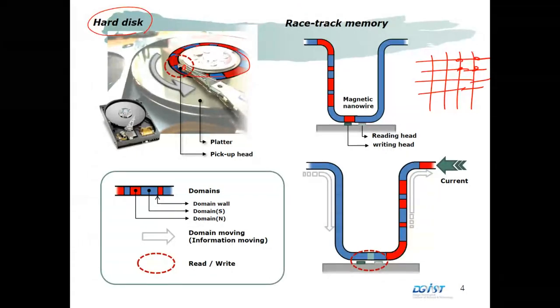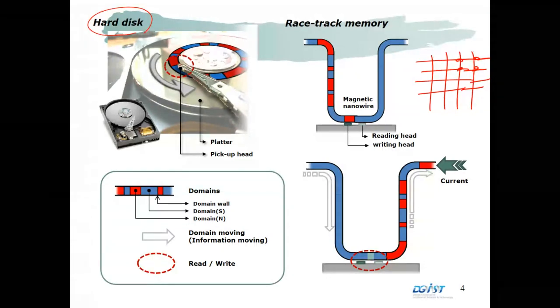But the very weak point of the hard disk drive is this moving part. Because of this mechanical moving part, the information storage is unstable. What I'm talking about is that if we have a mechanical shock from the outside, it can cause problems.